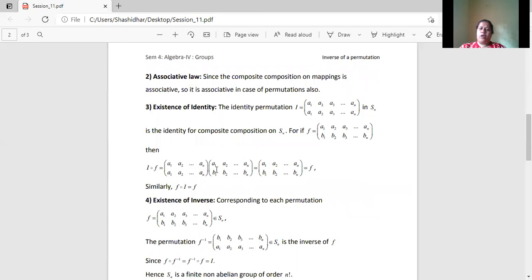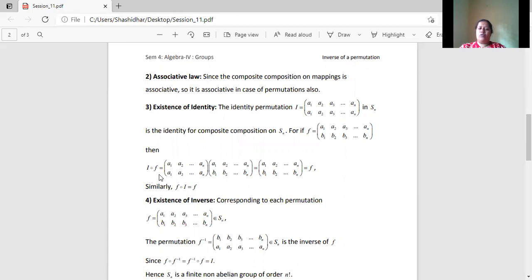Then if you take the product of these two, the composition I composition F is equal to F of I of A1, F of I of A2, like this. If you take the images for all the elements, we are getting image of A1 will be B1, image of A2 will be B2, and so on. But this permutation is nothing but our F itself. So we are getting it is equal to F.